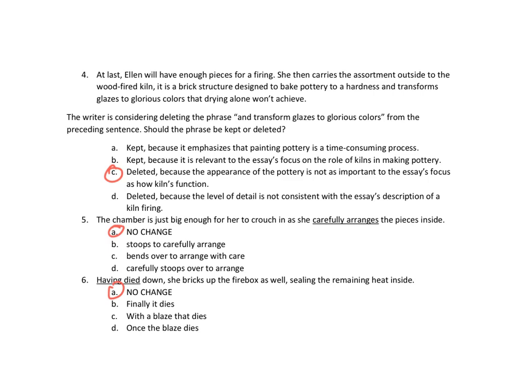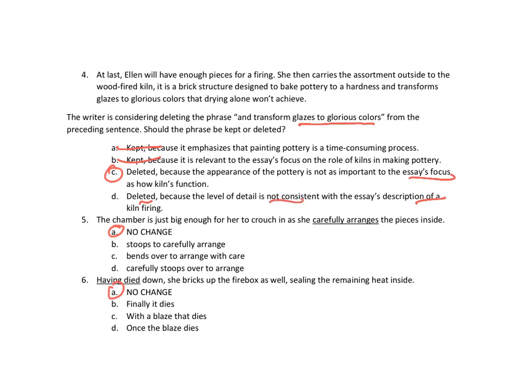Okay, so the writer is considering deleting the phrase "glazes to glorious colors." Glorious colors, that's way too much. I know automatically I'm going to choose C or D. Is it deleted because the appearance is not important to the essay's focus, or deleted because it's not consistent?